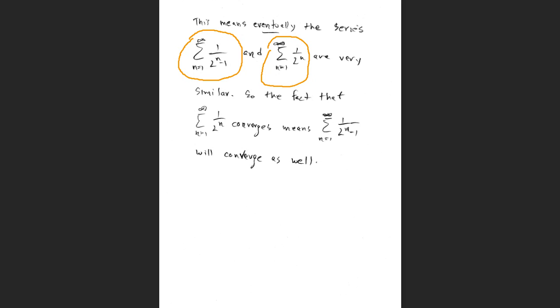By the way, I'll mention this, suppose you had a series where you had -1 to the nth power times 1 over 2 to the nth power.